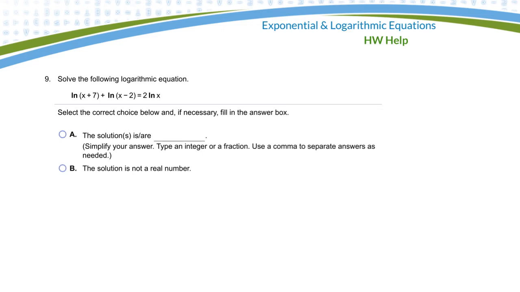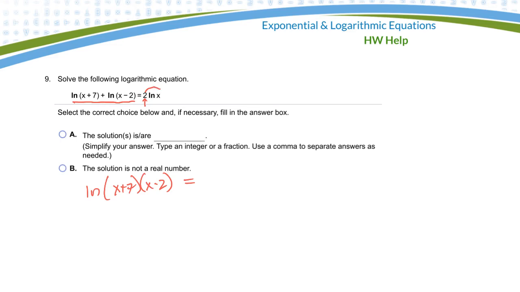All right. Ooh, this one looks to be a similar kind of question too. I'm going to use the product rule to get those together. So I have ln of (x + 7) times (x - 2) is equal to, now problem here with that number out front, because I want to get ln equals ln, but that 2 out front bothers me.